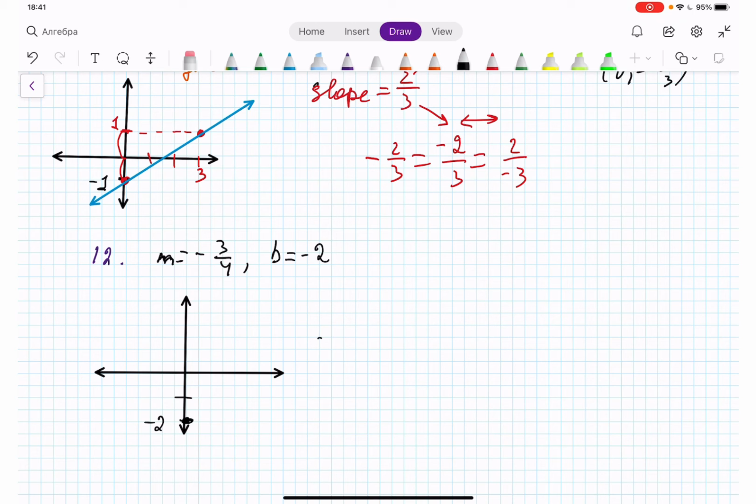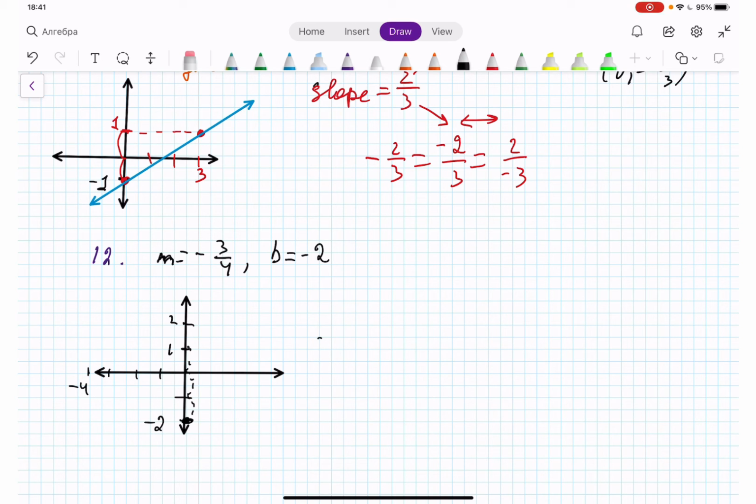I'm taking 4 negative because I don't want to go down by 3. So I'm going to go up by 3. This is 1 and 2. It's going to be 1, 2, and 3, right? I came to positive 3, and then by 4, 1, 2, 3, and 4, right?